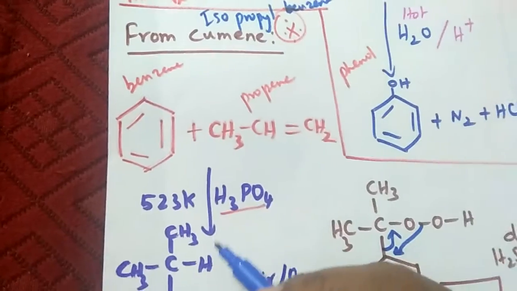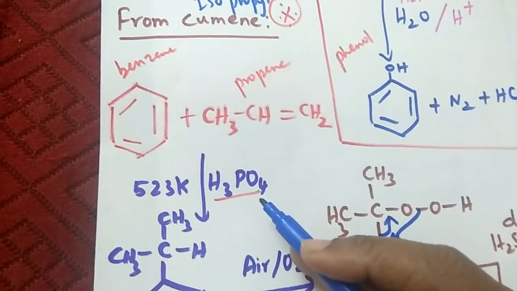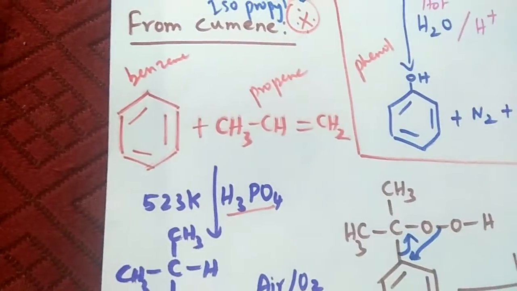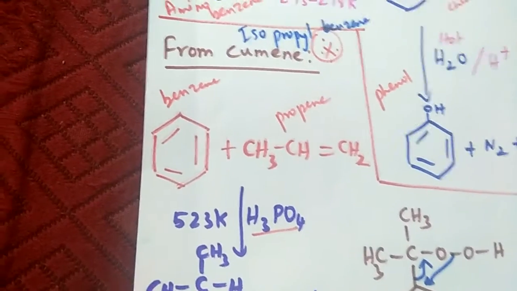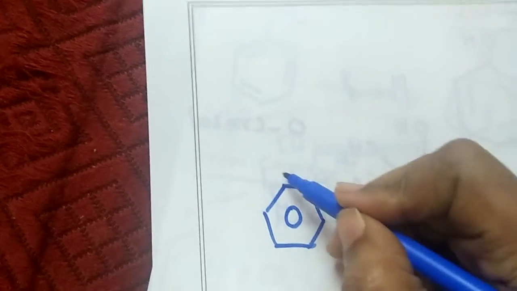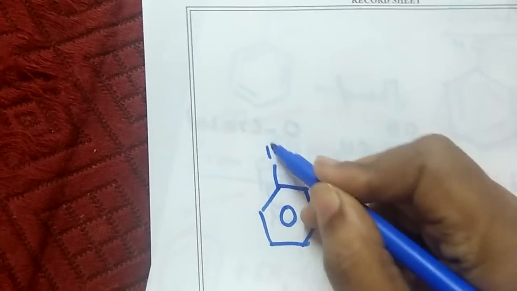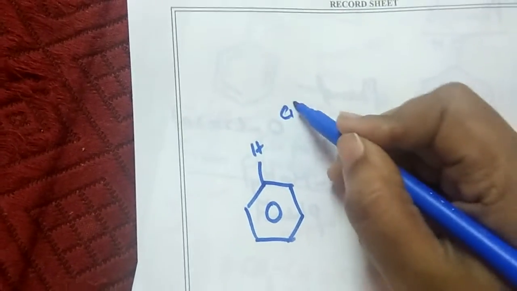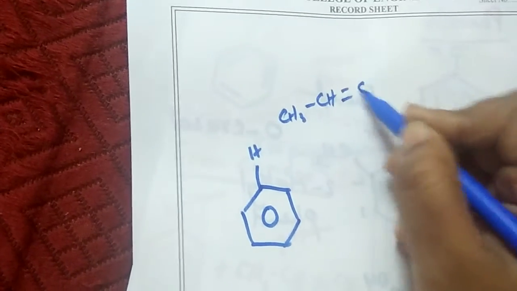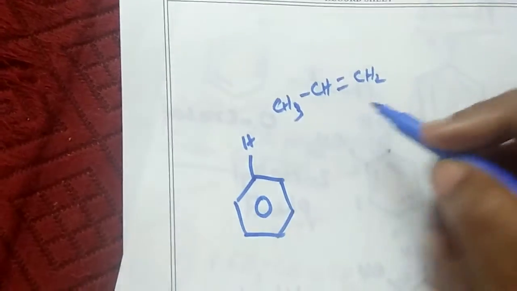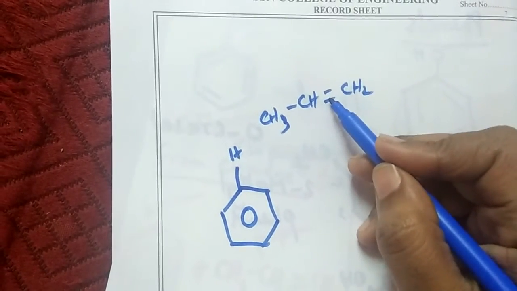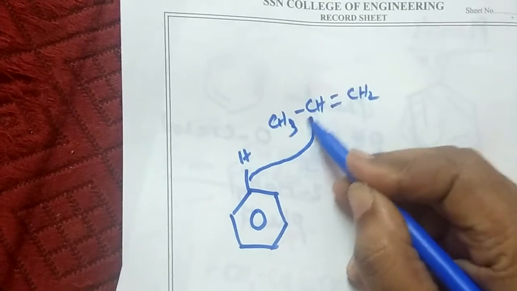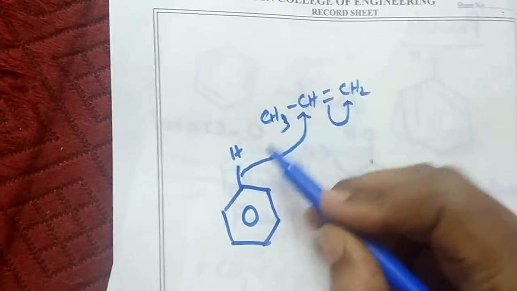This reaction, the preparation of cumene from benzene, takes place at 523 Kelvin in the presence of orthophosphoric acid. You just see benzene. I just put a circle for the alternate double bonds. This H protrudes out. When it is attacked by propene, the bond cleaves. This bond is directed towards this carbon, and this bond is shifted towards this carbon.